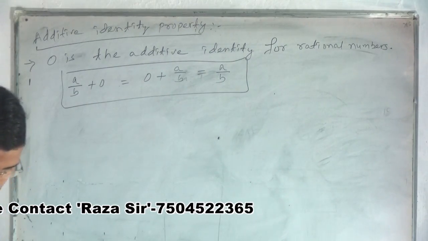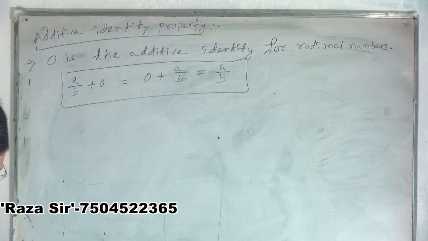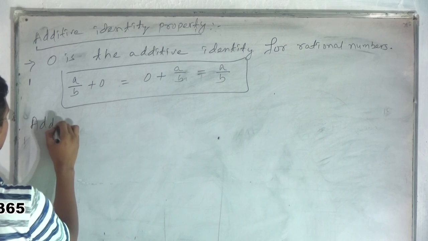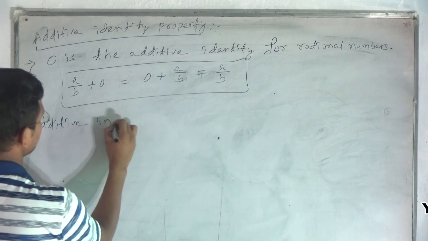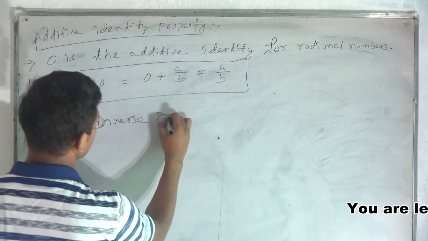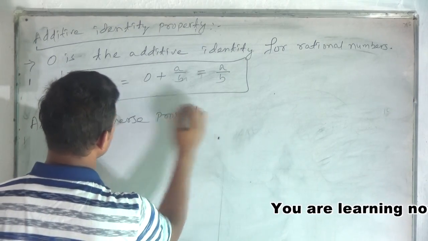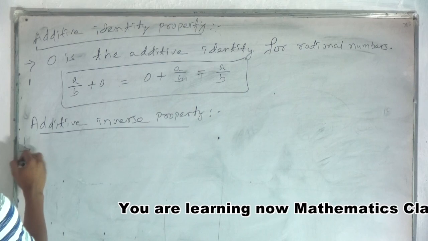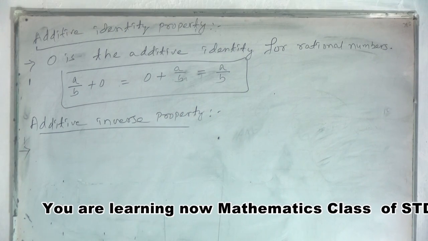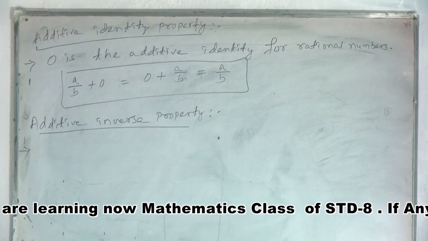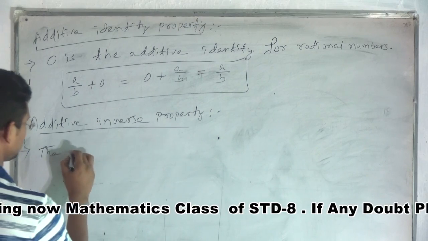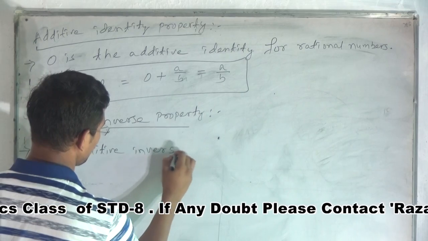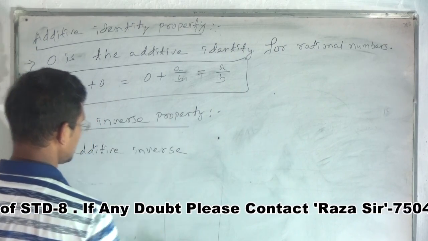Then another thing is the additive inverse property. The additive inverse means only a difference in sign.